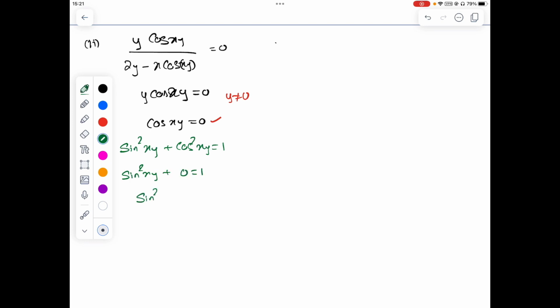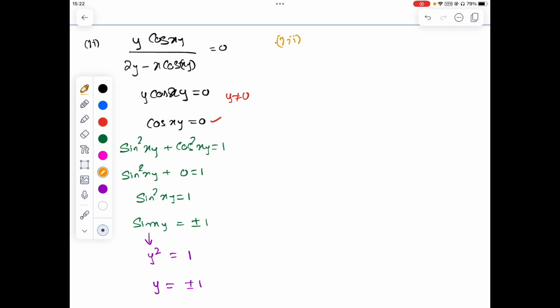So sine squared xy equals 1, so sine xy equals plus or minus 1. What is sine xy, according to the question? y squared. So y squared equals 1, because y squared equals negative 1 is not possible. So y equals plus or minus 1. That's the answer for the second part.